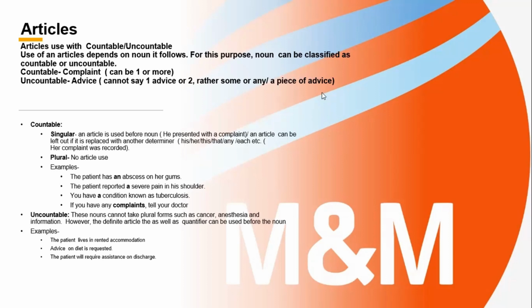In articles, we have to see that we have countable and uncountable nouns. In case we have a singular countable noun, we have to use an article with that, right?